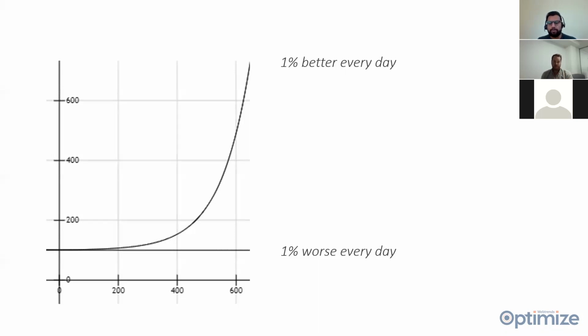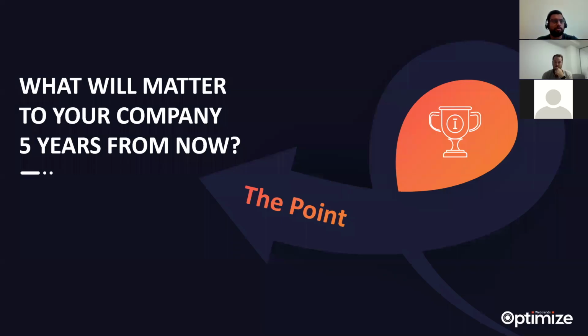There's also this idea of diminishing returns for your test over time. People will get used to your experiences over time. They won't have a stronger reaction to them, whether favorably or otherwise. And so, a simple idea like this certainly doesn't take these things into account. So, what's the real point here?